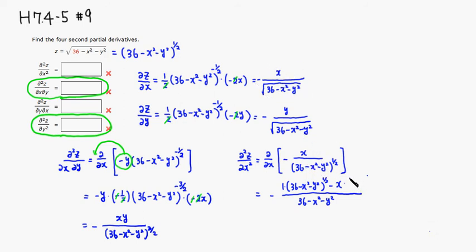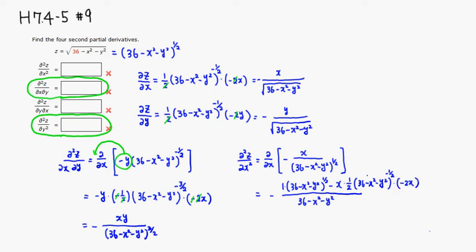So it's a 1/2 in front, and 36 minus x squared minus y squared. Subtract 1 from 1/2, so negative 1/2. Then multiply by the partial derivative of this guy, so negative 2x.